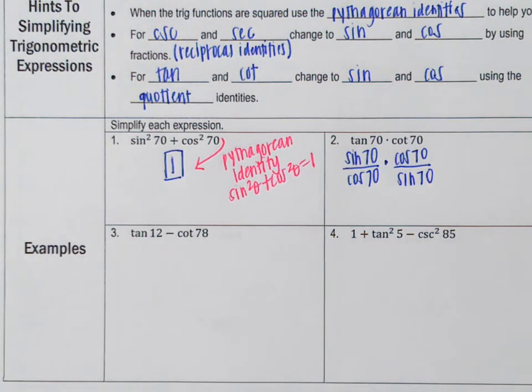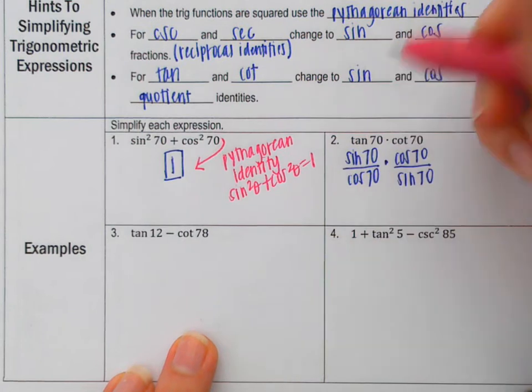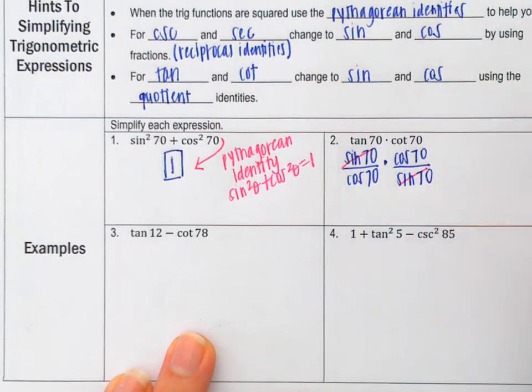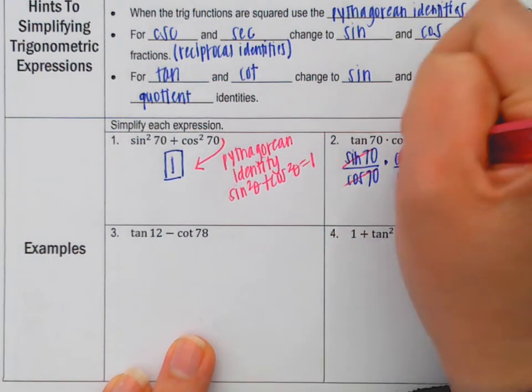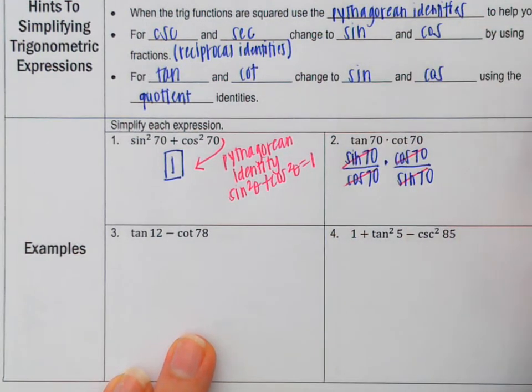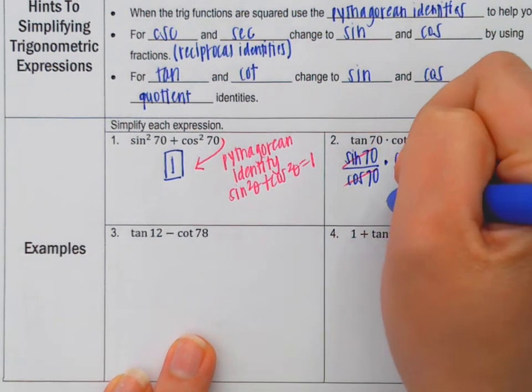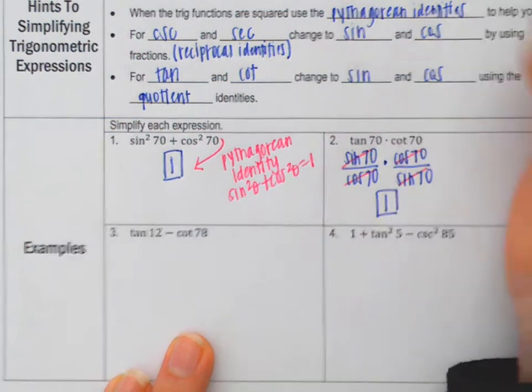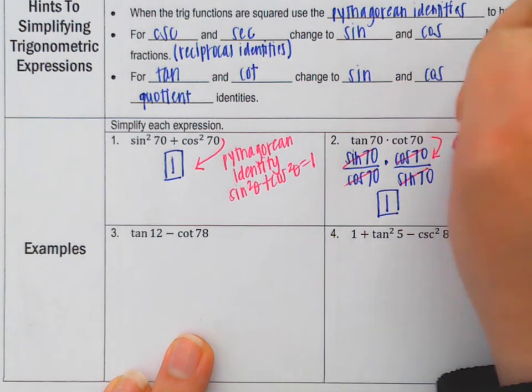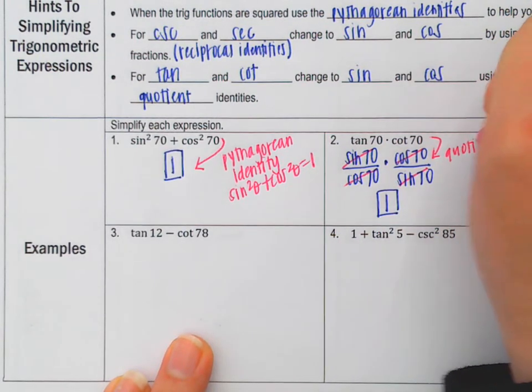Well, what do you notice happens with the sine 70? Sine 70 is on top and on bottom, so it cancels out to be 1. Remember, when anything cancels on top and bottom, that cancels to be 1. The cosine 70 and the cosine 70 also cancel out to be 1. And so we're left with my final answer of 1. Okay, so this one we used the quotient identities to help us.